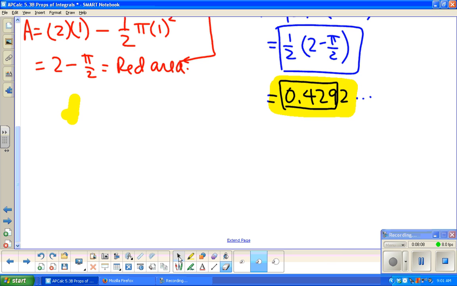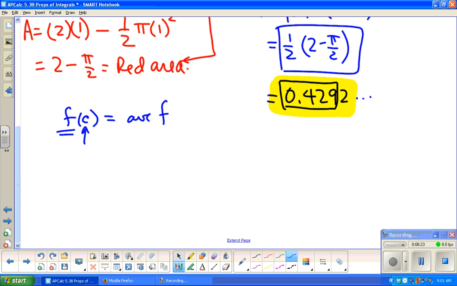Sorry, hit a button somehow. There is a spot where the function, f of c, is equal to the average. That's what the mean value theorem says. So I'm going to take the function and make it equal to the average.